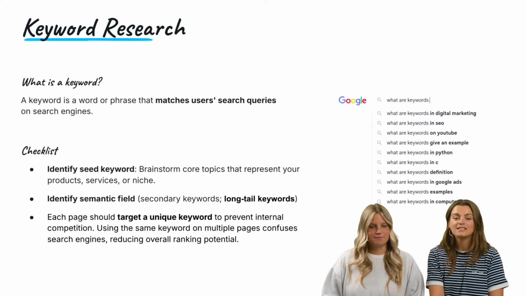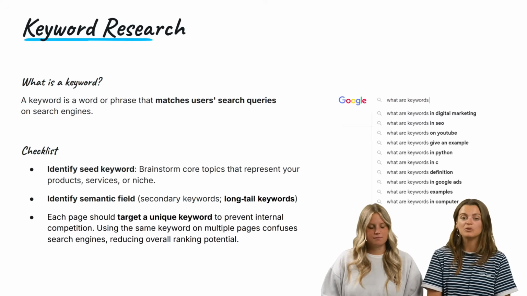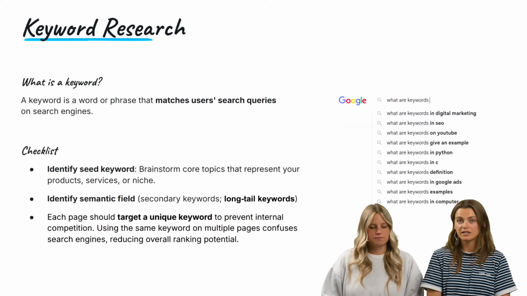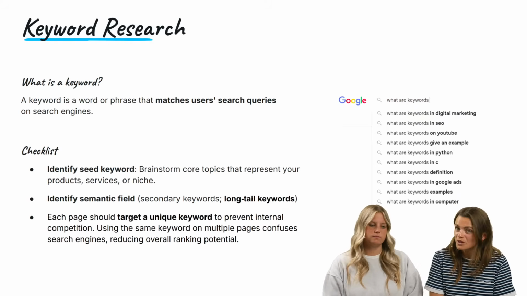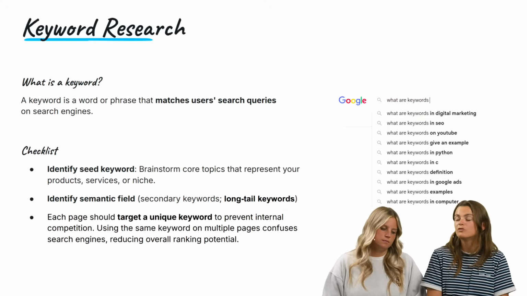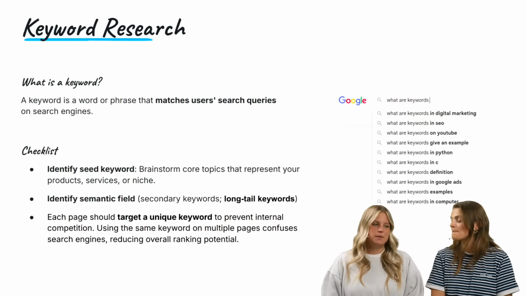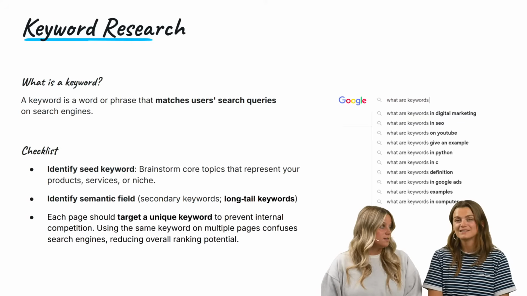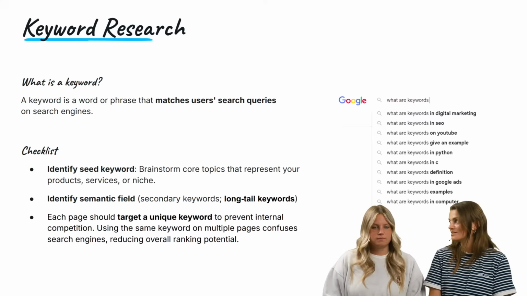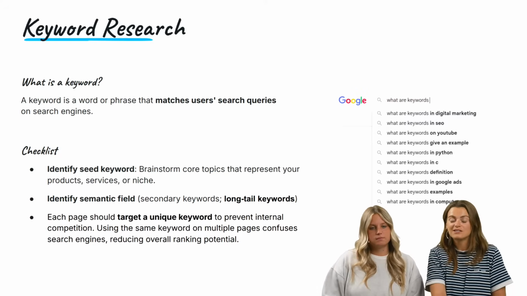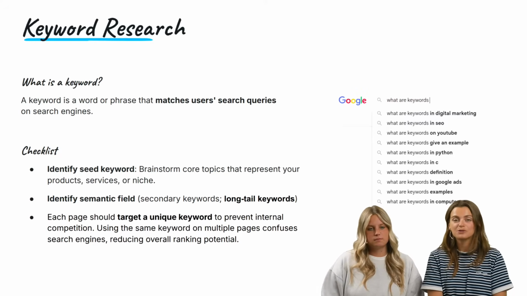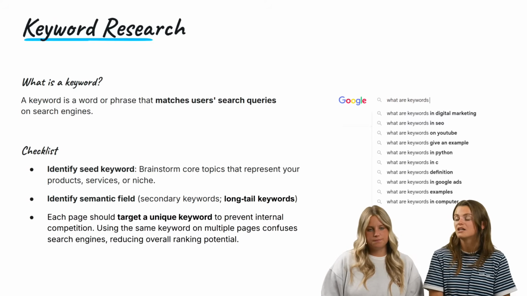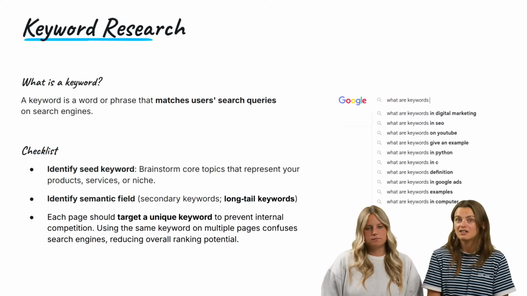So if, let's say, an example, our topic is around necklaces, Sylvia, what do you think people will look for? Maybe like pendants or like silver necklaces, like gold necklaces as well. So basically, all of those words are the semantic field around necklace. So it can be gold necklace, silver necklace, pendant necklace, chain, and so on.